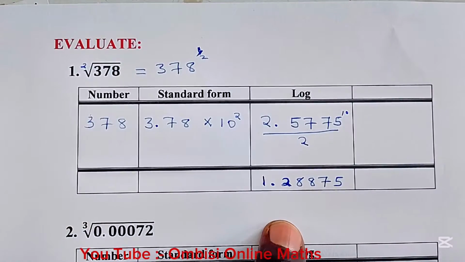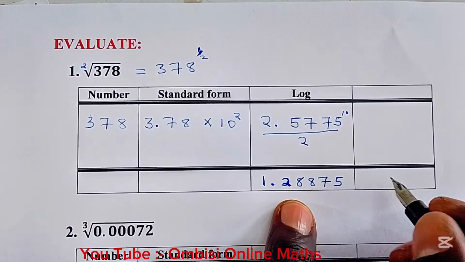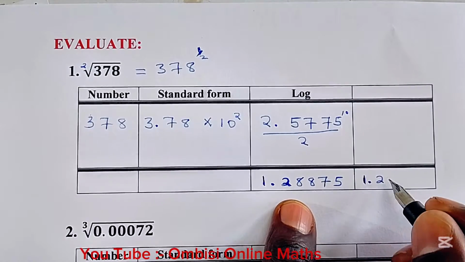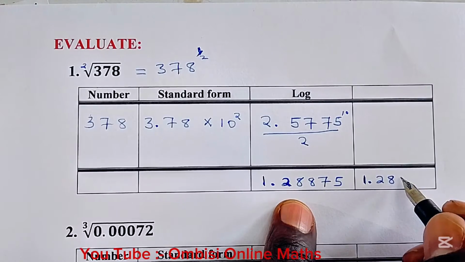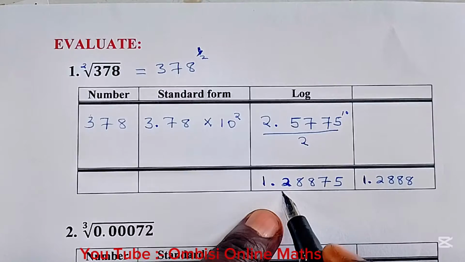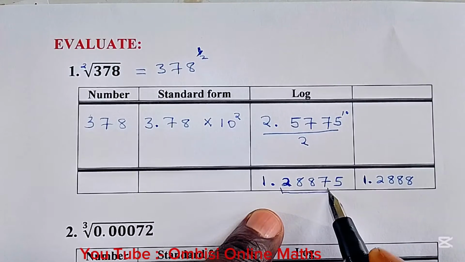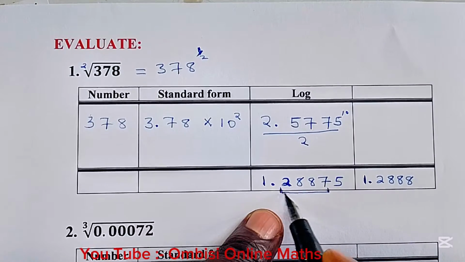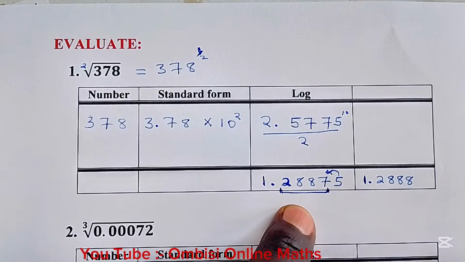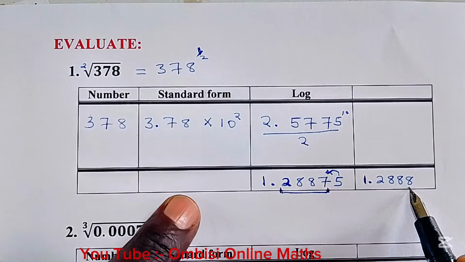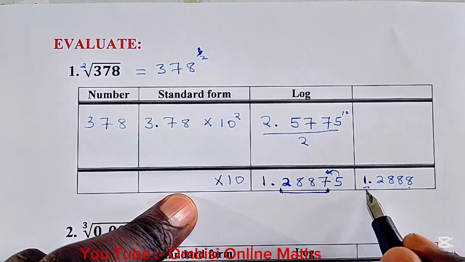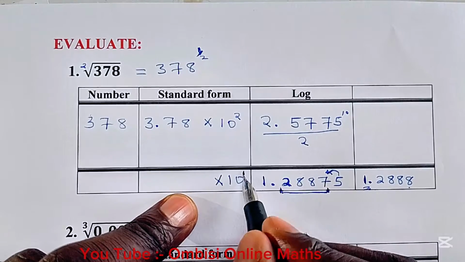Now, this number can be expressed as 1.2888. The mathematical table is to 4 decimal places, so this 5 increases the 7 before it to become 8. So it's going to be times 10 raised to our characteristic, which is 1.